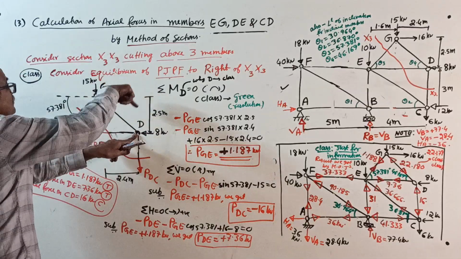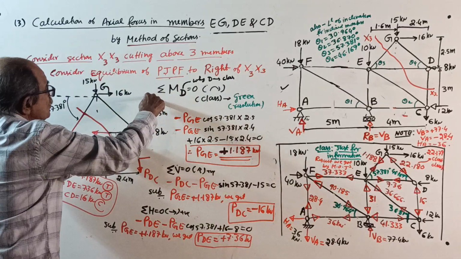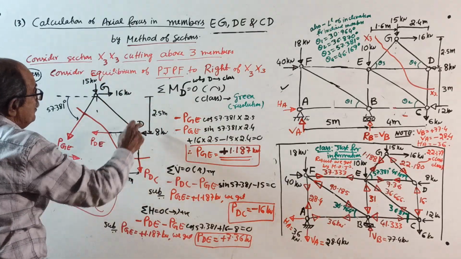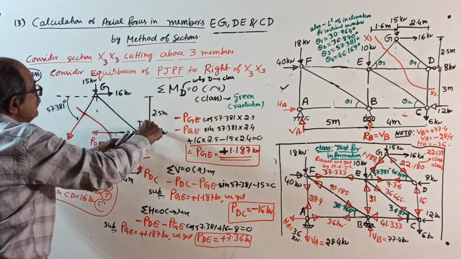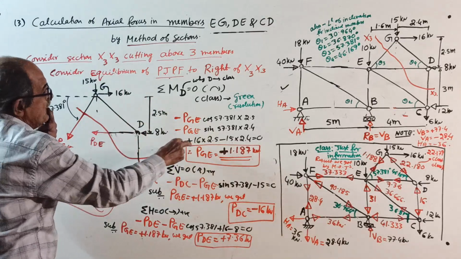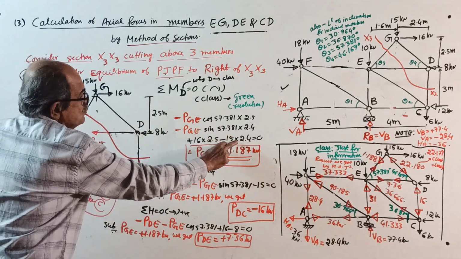These all will come. 16 into 2.5, no problem. 15 into 2.4, this is 16 into 2.5 clockwise, 15 into 2.4 anti-clockwise. That is no problem.